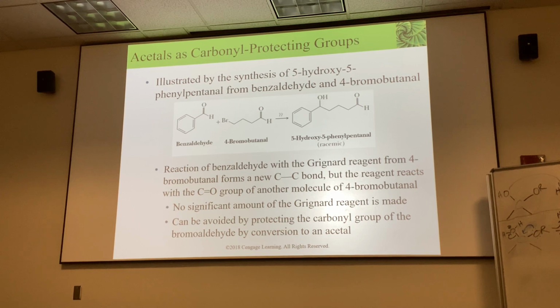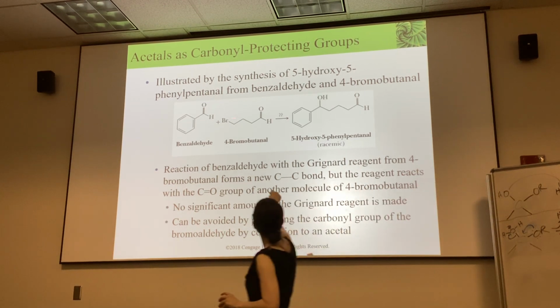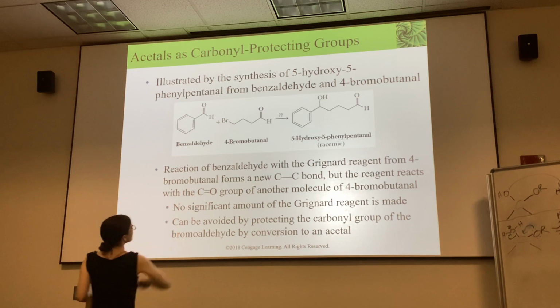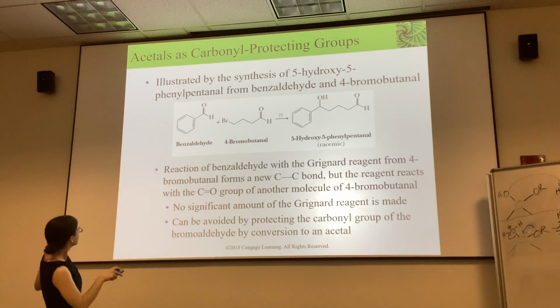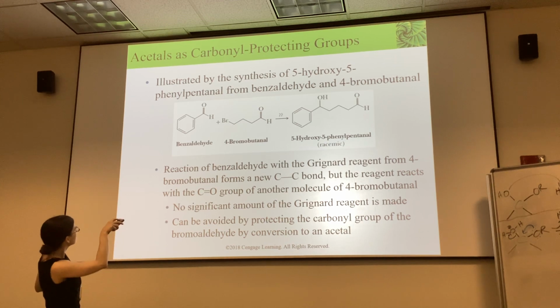Okay, well, so what you do with this guy is, if we're trying to take this and we want, well, you want this to be a Grignard reagent, so, yeah, okay.